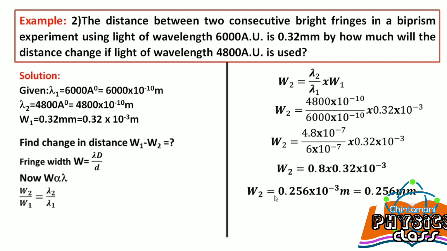Taking down the multiplication, W2 is equal to 0.256 into 10 raised to minus 3 meter. In terms of mm, 0.256 mm. Then the change in distance, W1 minus W2: substitute the values of W1 and W2, 0.32 minus 0.256 is equal to 0.064 mm. This is the change in distance.